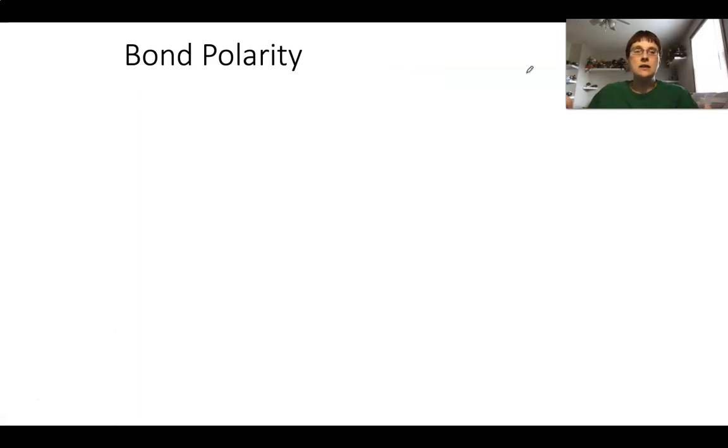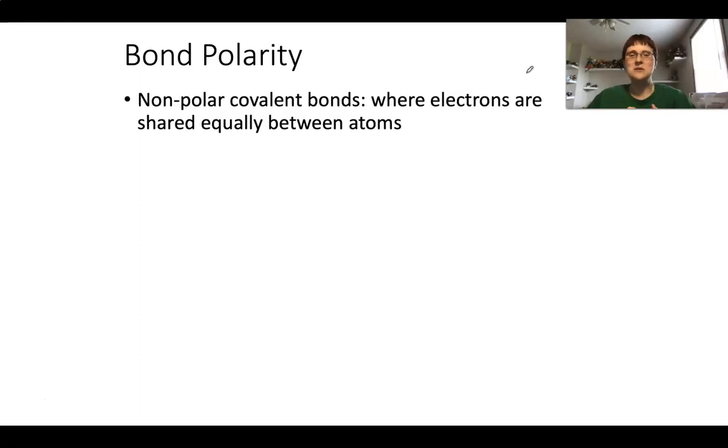So we've got covalent bonds, the electrons are shared between each other, but the thing is that not all atoms share electrons equally, okay? Just like small children, they don't all share the same way, they don't all share nicely. Atoms don't all share nicely when it comes to their electrons. And so let's take a look at what kinds of things can happen.